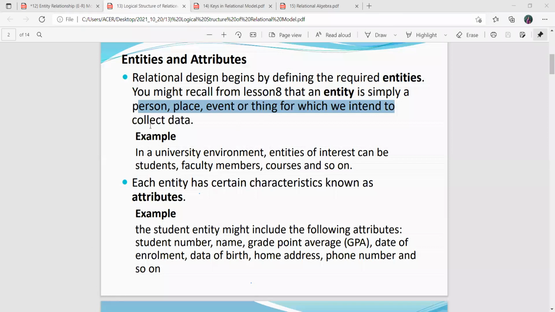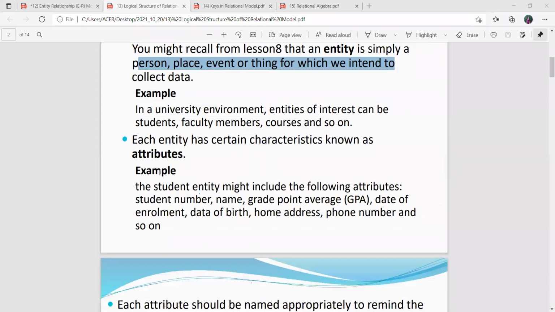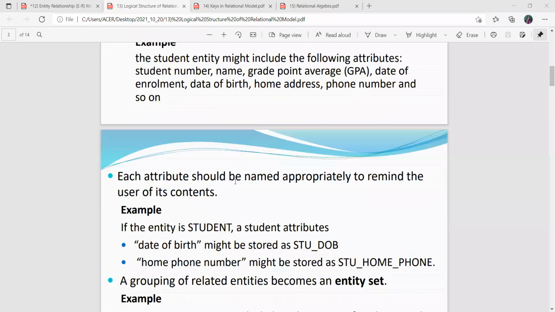All these belong to the entities. An entity has several characteristics, and these characteristics are known as attributes. As an example, a student has a name, a number, GPA, courses enrolled, and date of birth. All these are attributes of the student entity.